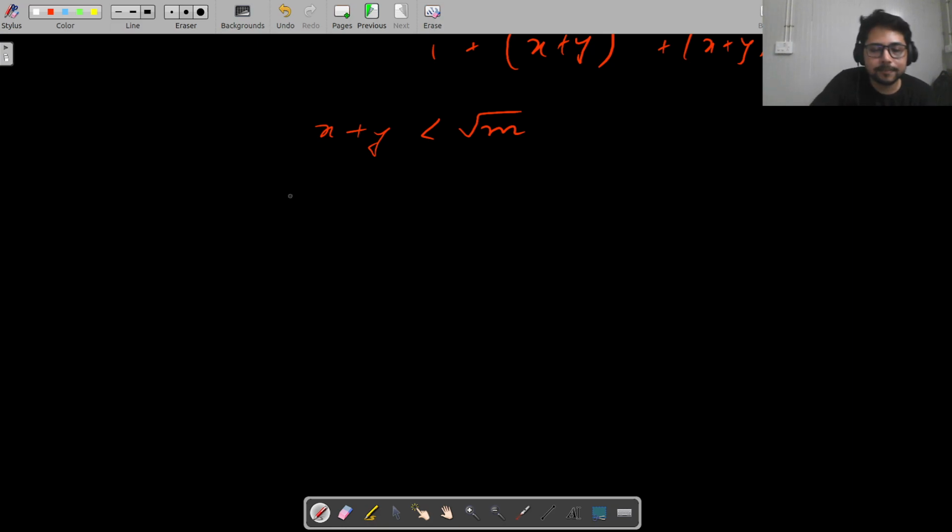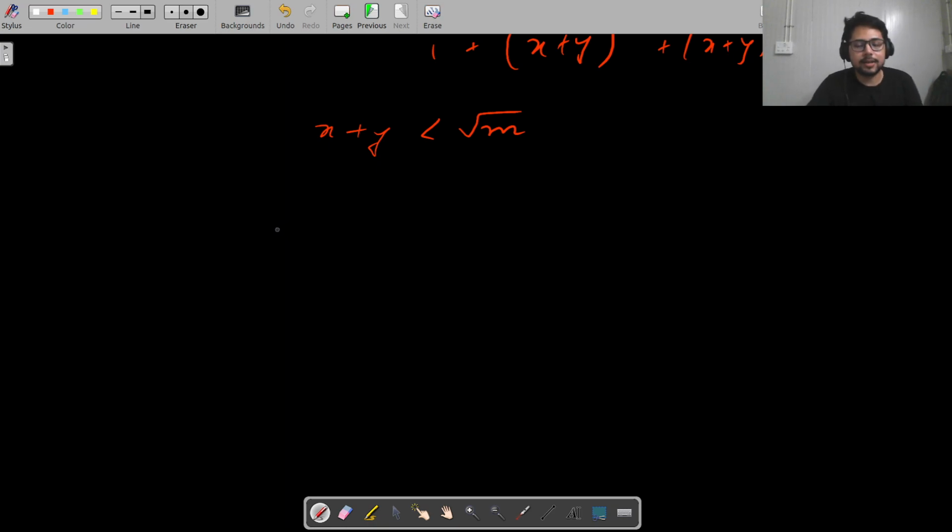One good idea for solving it is that since x plus y is less than root m, we can already have an array of size root m.